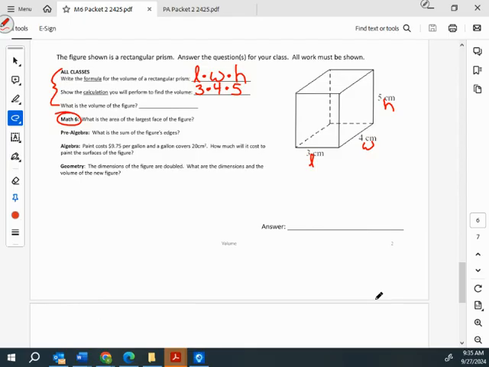I have to actually do the math to know what the volume is. So I have to, in my calculator, say what is 3 times 4 times 5. I'm going to put that right there. These are all centimeters, and I multiplied 3 centimeters, so my measurement would be centimeters cubed. Centimeters with the 3 as the exponent.